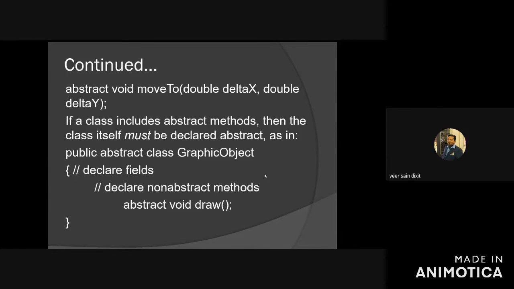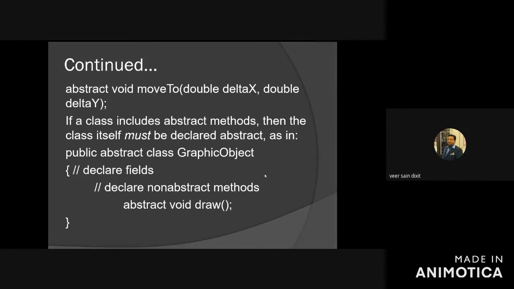If a class includes abstract methods, then the class itself must be declared abstract. The syntax is public abstract class GraphicObject. Suppose this GraphicObject class is an abstract class.